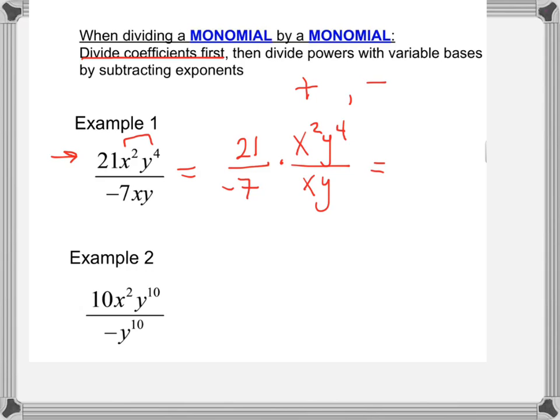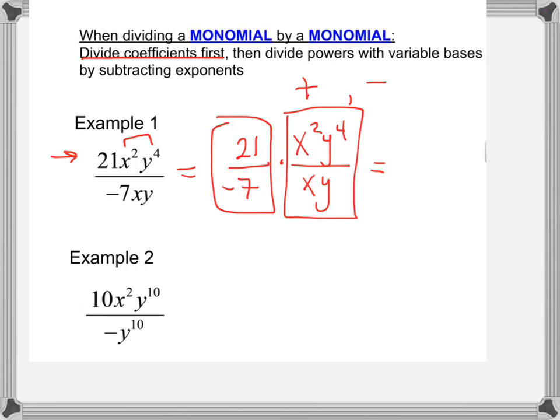You're eventually not going to have to write all this work down, but the first time you look at it, I want you to think of it as having two separate parts of your problem: the part where you divide your coefficients and the part where you divide your variable powers.